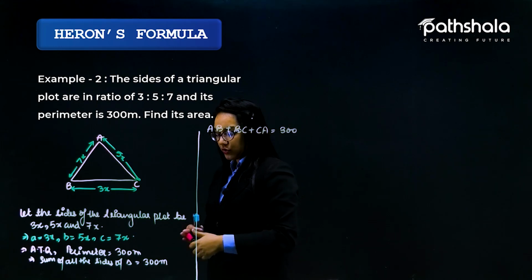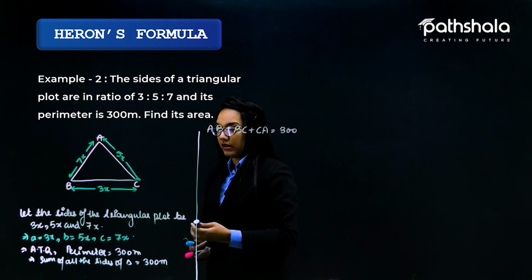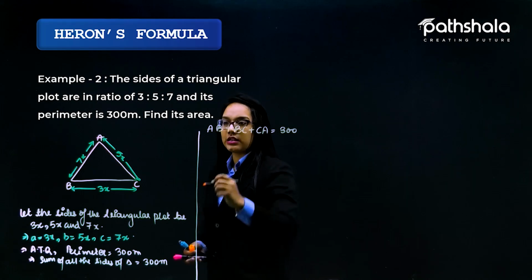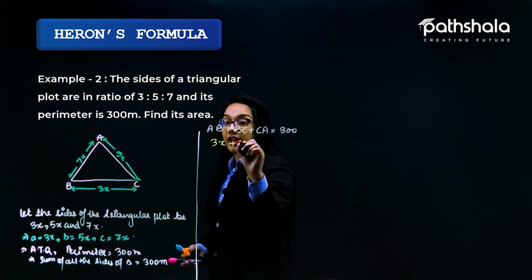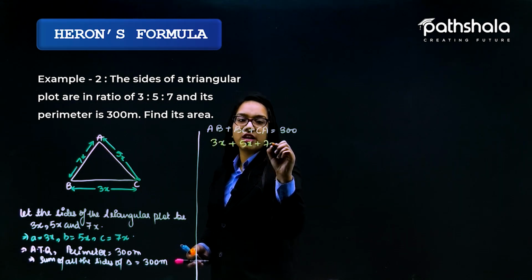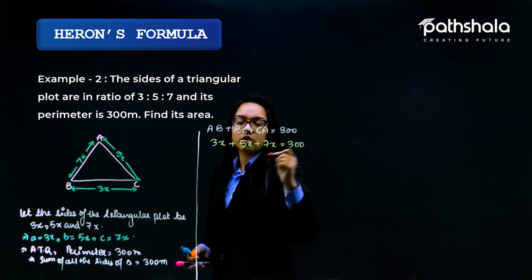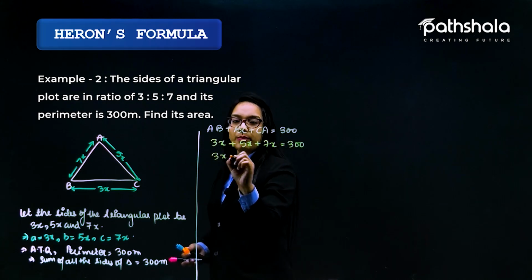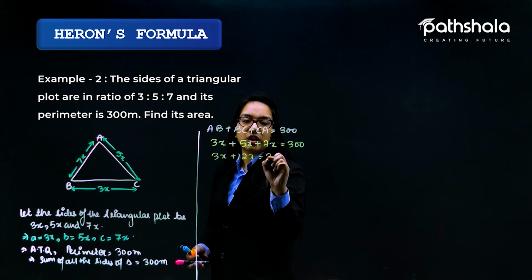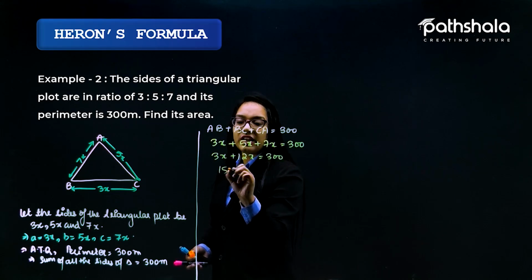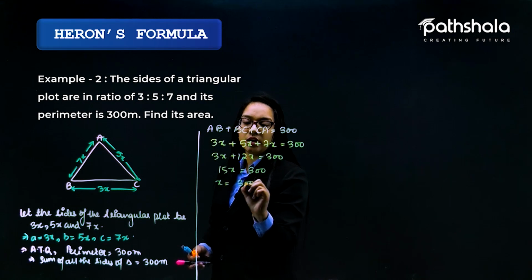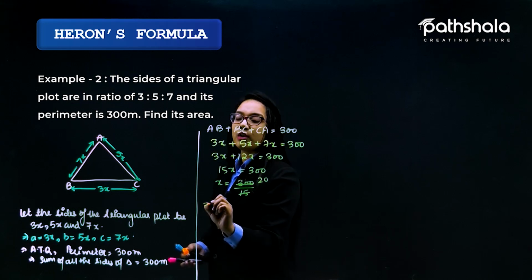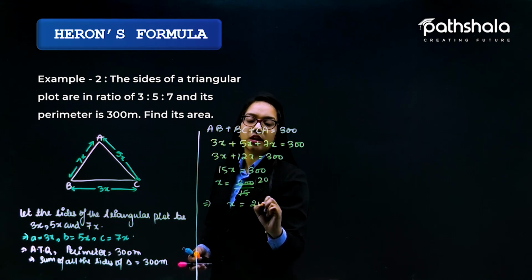Substituting, 3x plus 5x plus 7x equals 300, so 15x equals 300. Hence x is 300 divided by 15, which is 20.